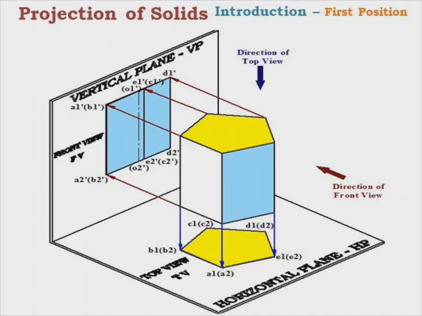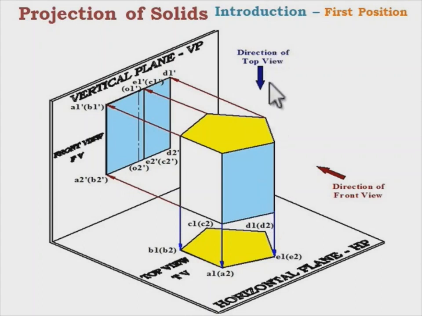This figure is a representation of projection of top view and front view of a pentagonal prism. The corners of top face pentagon are marked with A1, B1, C1, D1, E1, and bottom face pentagon are marked with A2, B2, C2, D2 and E2.